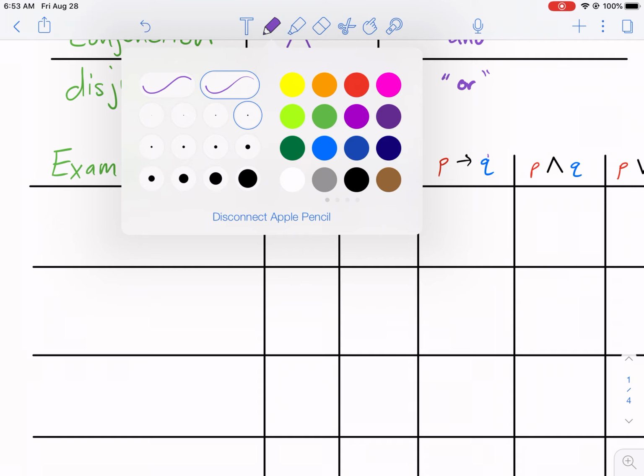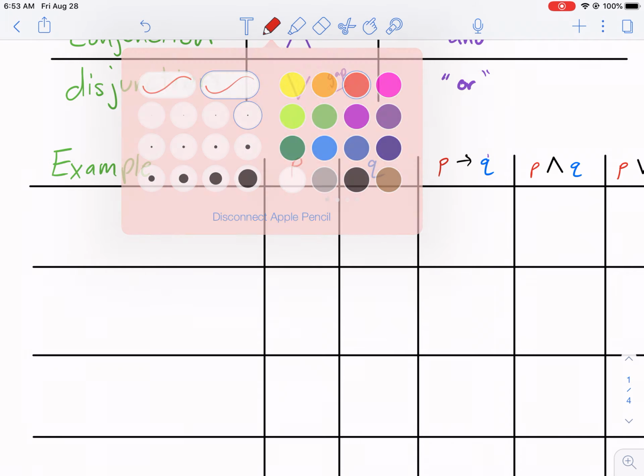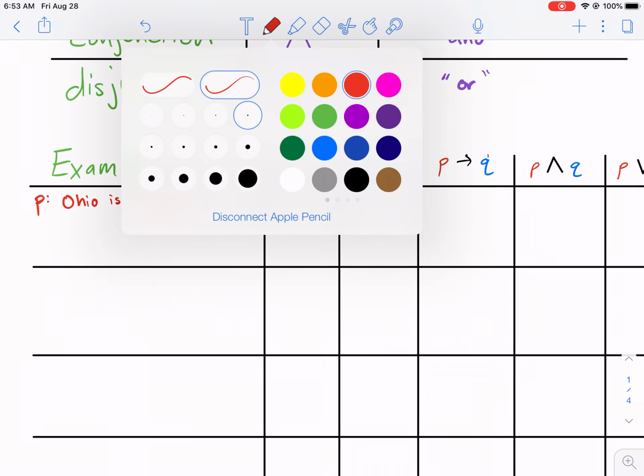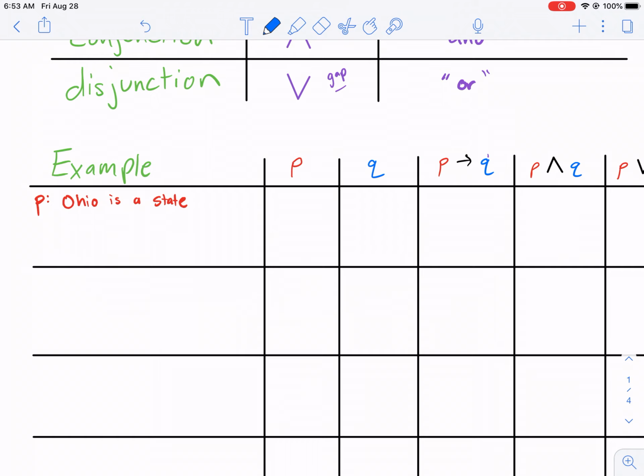Let's come up with some ideas for the hypothesis and the conclusion. So let's come up with our hypothesis. And our hypothesis is Ohio is a state. Now, let's come up with a conclusion, and that is there are 50 states.